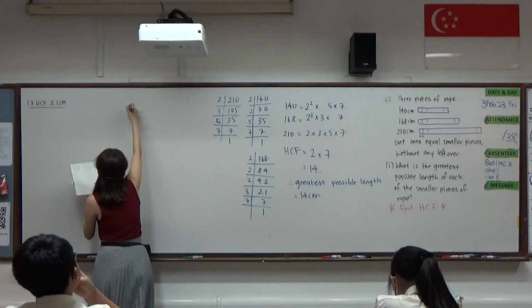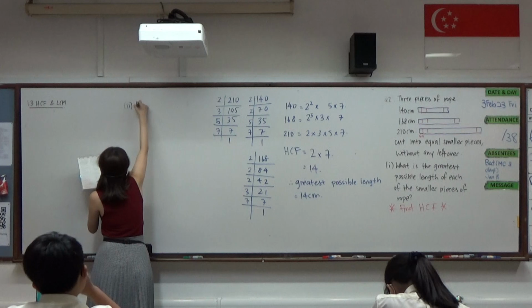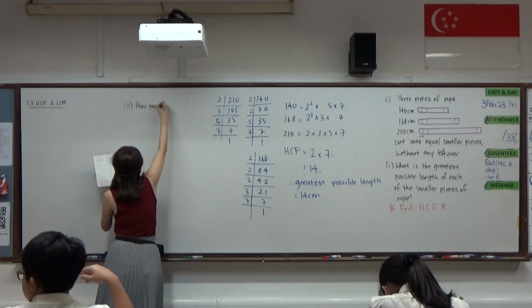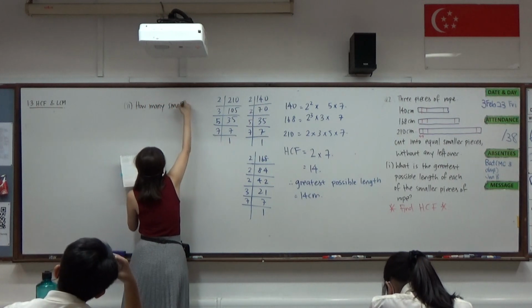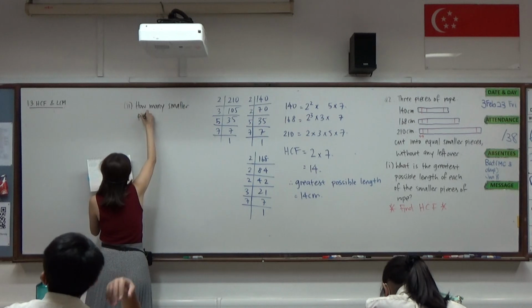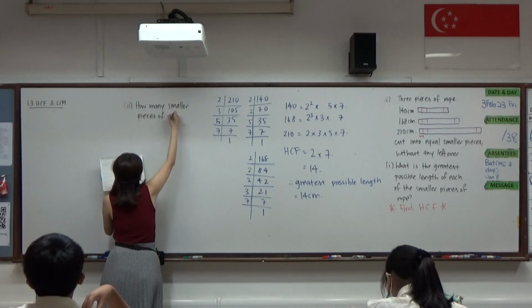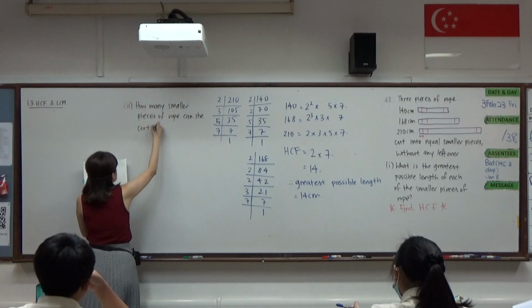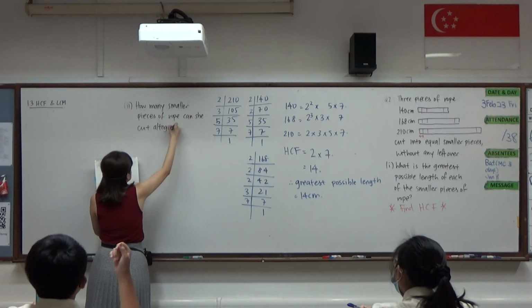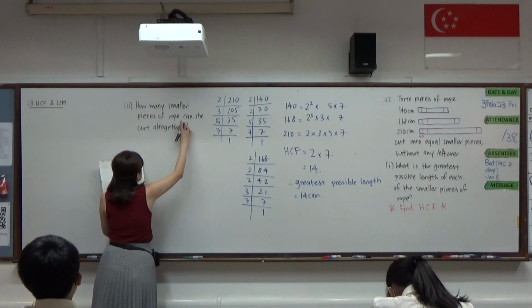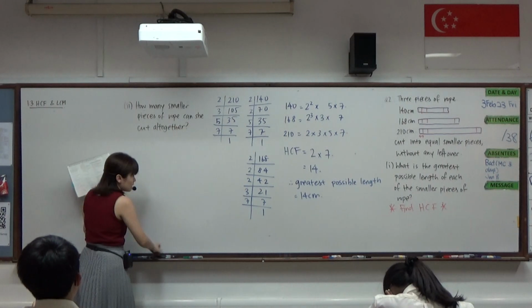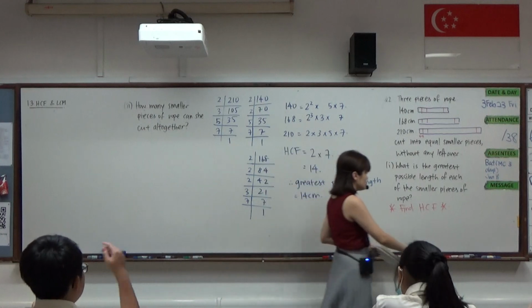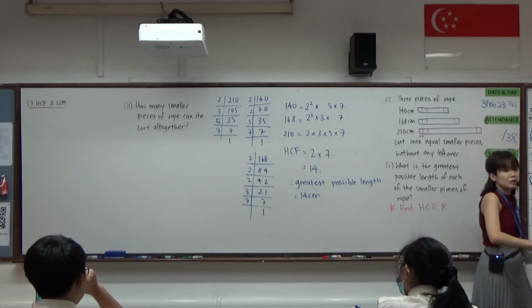The last part, part 2. How many smaller pieces of rope can she cut altogether?